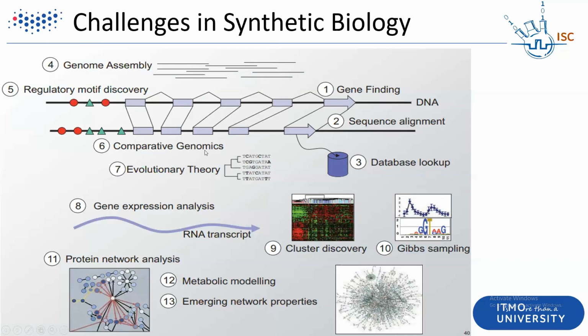Evolutionary theory is mostly dealing with some kind of dendrograms, when you could cluster your sequences using some similarity indexes. And this would give you the idea of what is the evolutionary impact for this particular protein of interest.